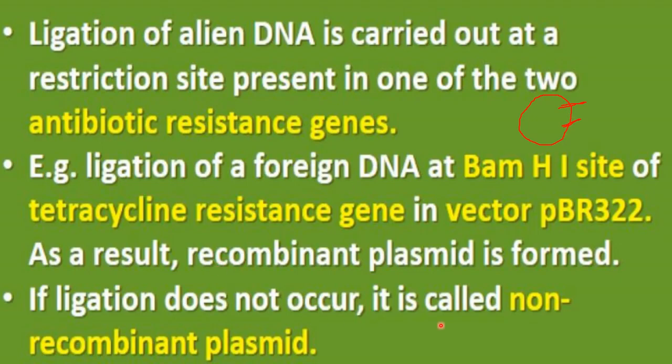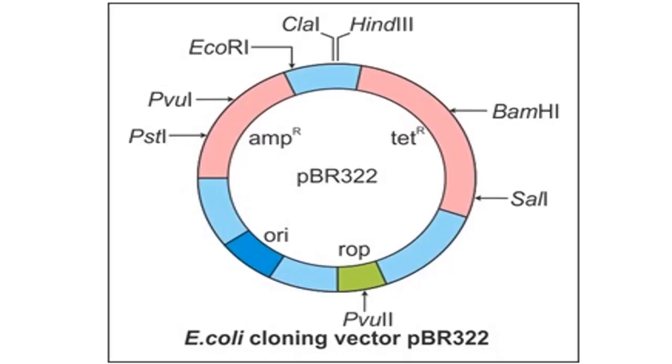So some of the vectors do not ligate with the alien piece of DNA, and those plasmids are called non-recombinant plasmids. The plasmids in which the alien piece of DNA is ligated are called recombinant plasmids, and those in which it is not ligated are called non-recombinant plasmids.